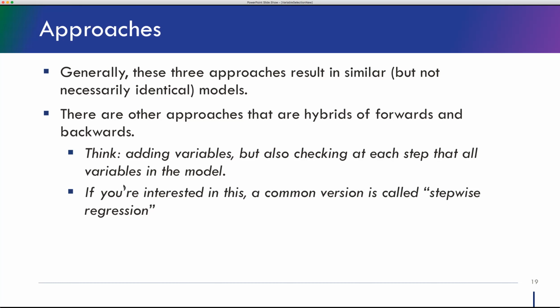That is, we add variables, but also check at each step. We evaluate all variables in the model at each step, and decide which one to remove and which one to add. If you're interested, a common version is called stepwise regression, or you can Google that.